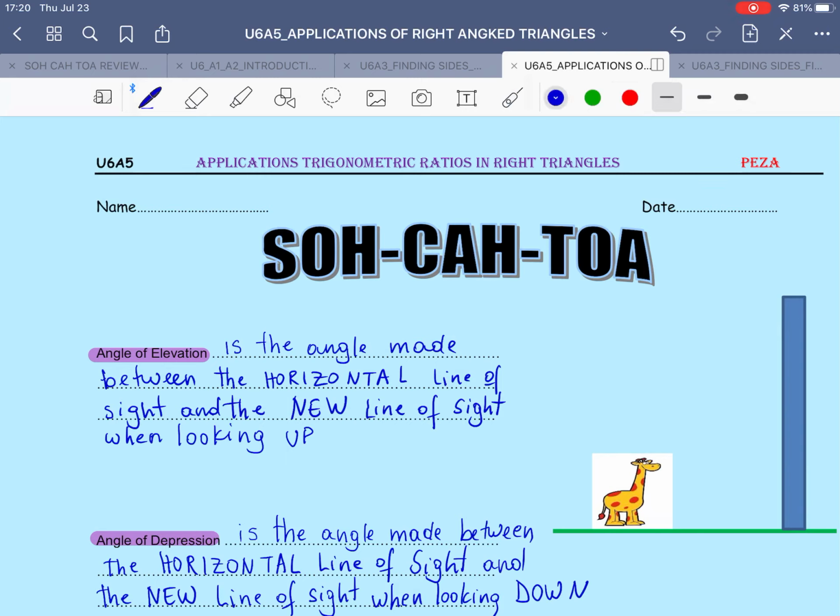Now, if Sophie was to look straight ahead, then this is going to represent Sophie's horizontal line of sight. And if Sophie decided to look up at the top of the building, right here, then this would represent Sophie's new line of sight.